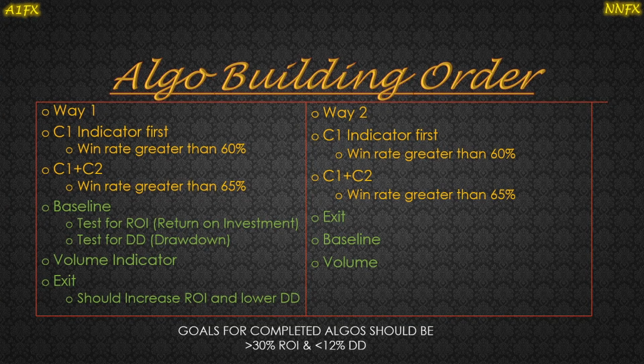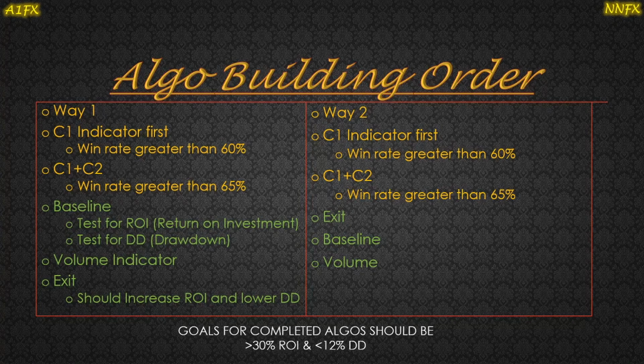And at the end of the day, win rate does not matter with algorithms, because there are numerous people who have around a 50% win rate or 40% win rate, but they have 40% ROI for 3 years or something like that. And so with a great baseline and an exit indicator, it can take a system that should be, quote unquote, losing and make it something great, because they let their winners win and cut their losses short.